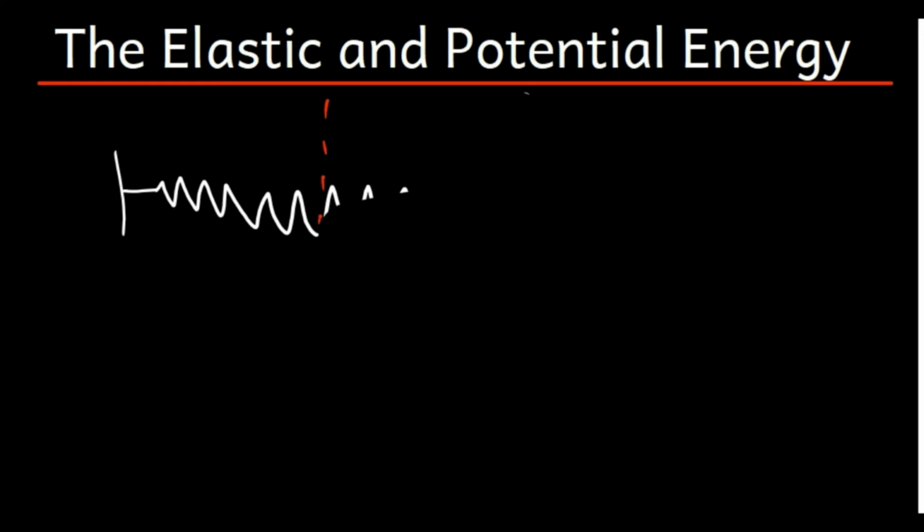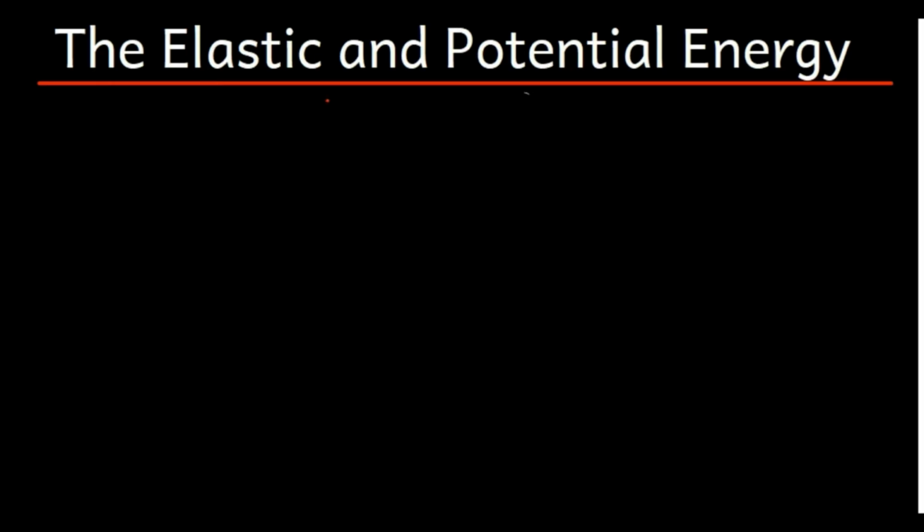For the conservation of energy, we are going to start with the mechanical energy. Mechanical energy is just the sum of all the energy which is being stored in the spring. In this case, we are talking about three types of energy: the elastic potential energy, the kinetic energy, and the gravitational potential energy.